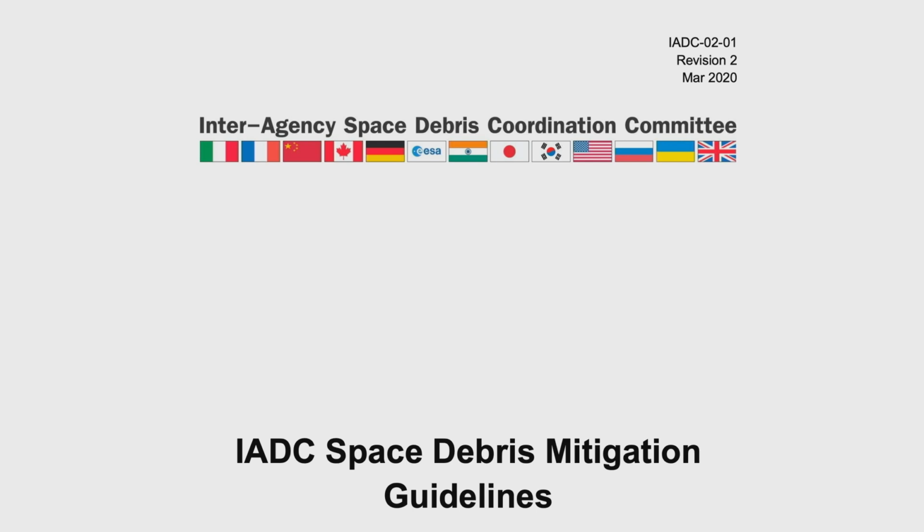These guidelines provide recommendations for minimizing space debris generation. They include best practices, essentially, for satellite and flight disposal and measures to reduce the risk of in-orbit collisions. And of course, this contributes to long-term sustainability of space activities.